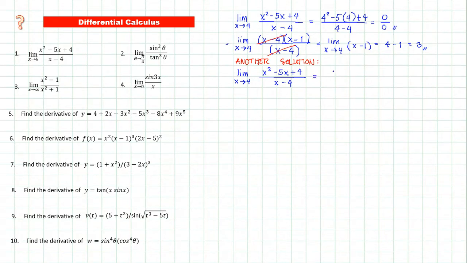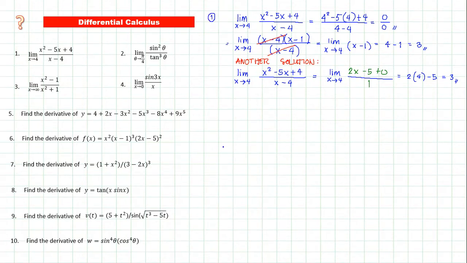So, magiging equal yan sa limit as x approaches 4 ulit ng, sa numerator we have 2x minus 5, di ba? Plus 0. Sa baba naman, we only have 1. Yan. Tapos, tsaka natin i-evaluate ulit yung ating limit, no? So, substitute na lang natin yung value ng 4 dito. And this will be 2 times 4 minus 5, which is 8 minus 5, which is 3. So, same answer yung ating number 1.